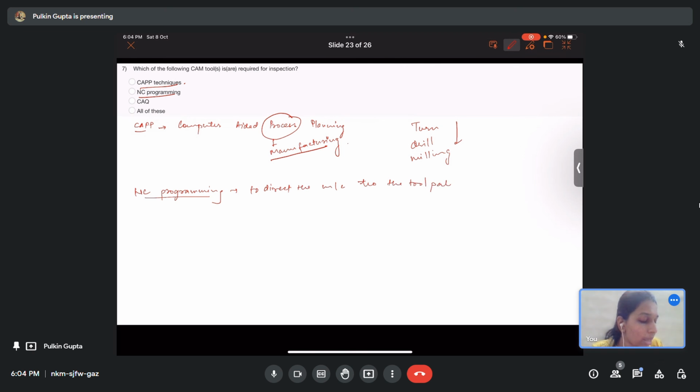And then you have CAQ. CAQ stands for computer aided quality control. So this technique helps you to check if the product is matching with the quality standards or not. So the correct answer is CAQ.